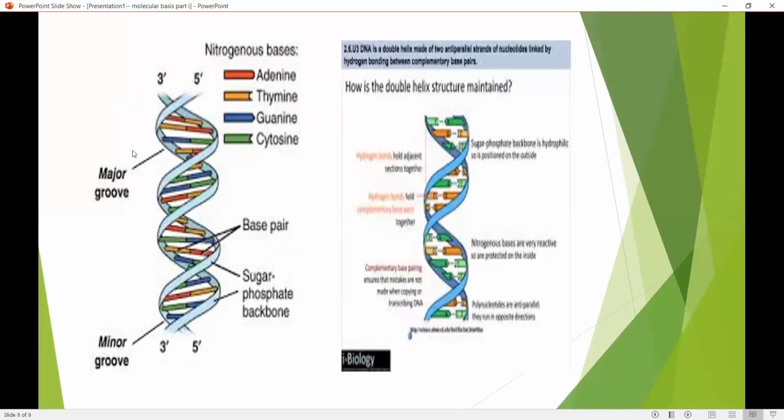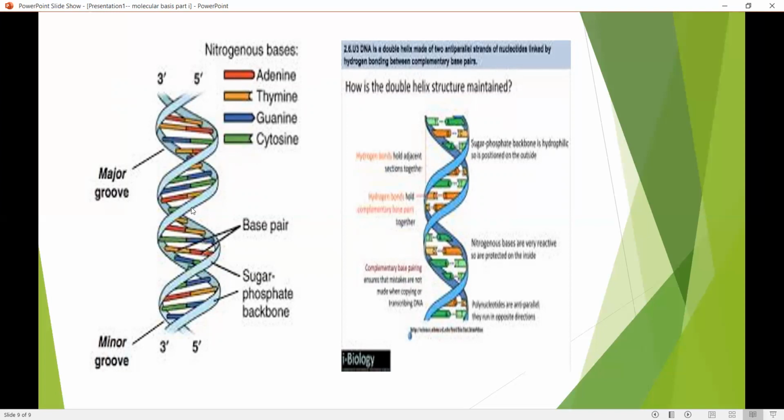Next, see, although in the earlier diagram we drew the structure in a straight manner, actually the DNA double-strand structure is always found in helix form, like a ladder, but in a helical manner. So here you see the 4 nitrogenous bases are distinctly shown in the diagram in colors, and here this one strand turns.